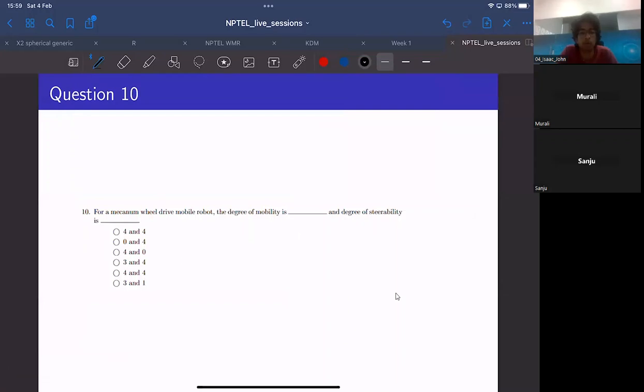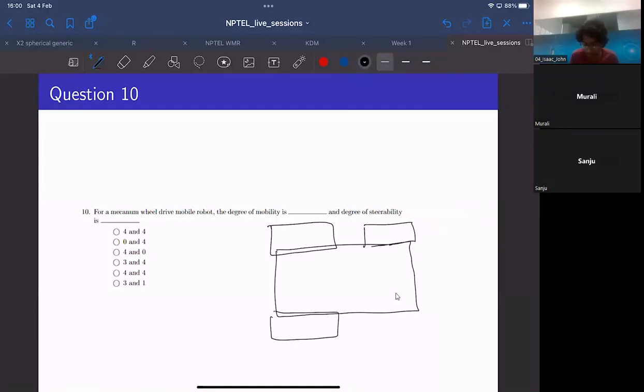Okay, moving on to the 10th question. For a mecanum wheel drive mobile robot, the degree of mobility is dash and the degree of steerability is dash. Can you both respond to this question, Murali and Sanju? I'll draw the mecanum wheel configuration.